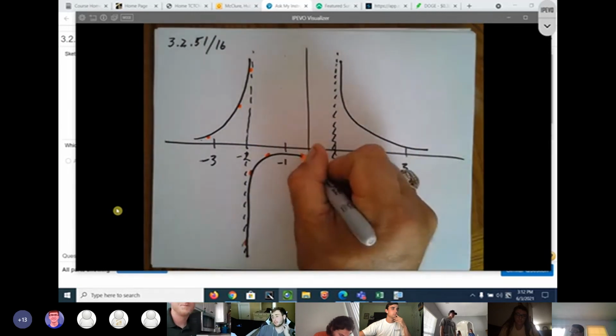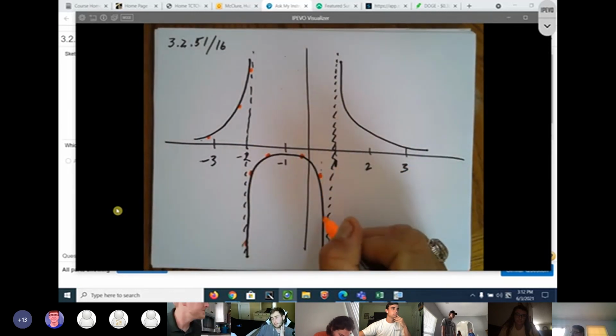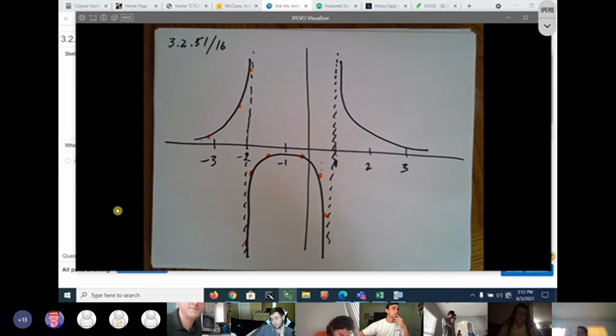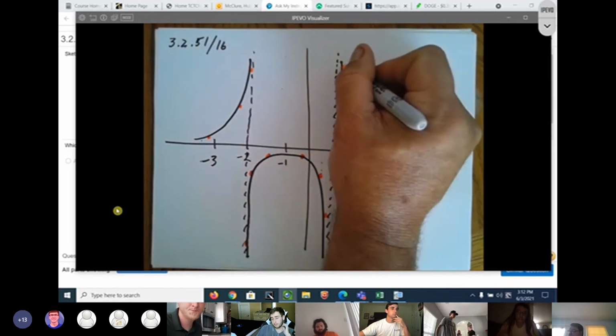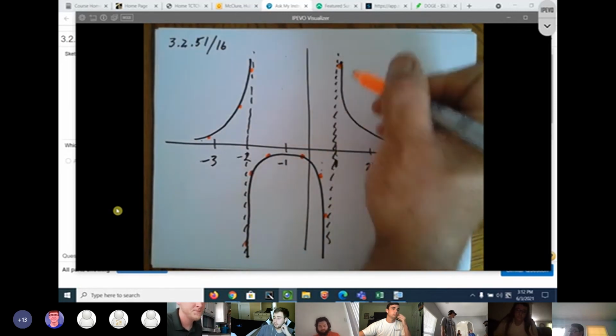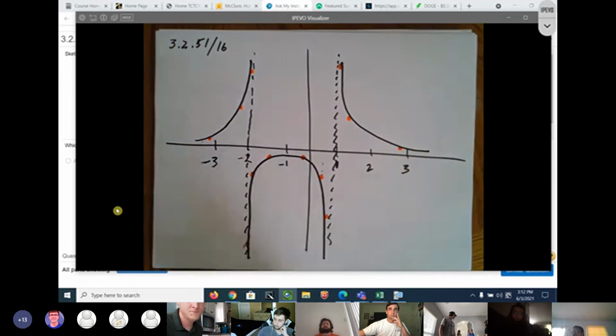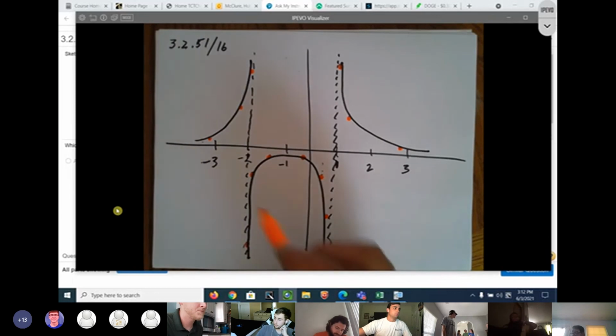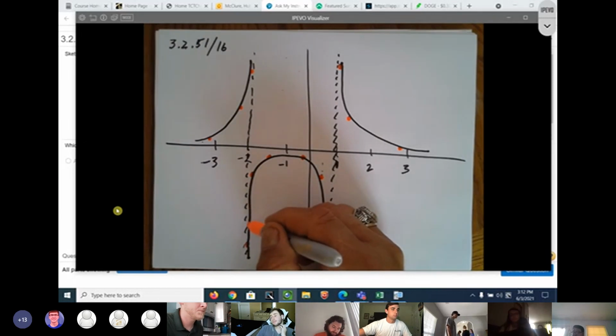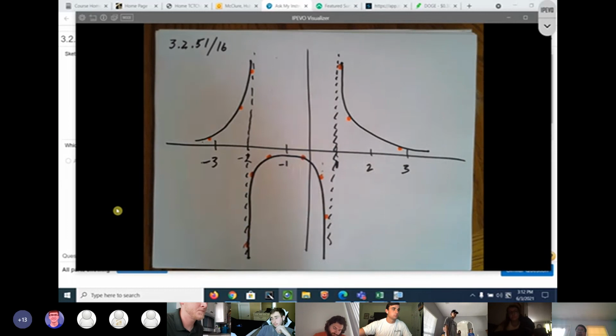I'm going to pick a point here, a point here, and a point here. And I'm going to pick a point here, a point here, and a point here. Now I tried to pick the extreme points because when you're on this side right here, it's hard to see what I'm trying to show you.